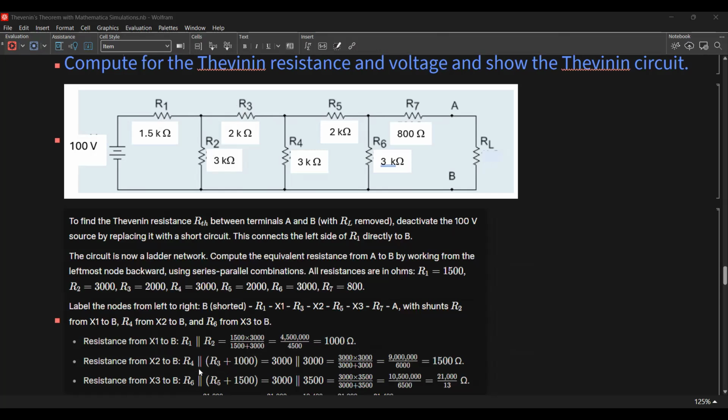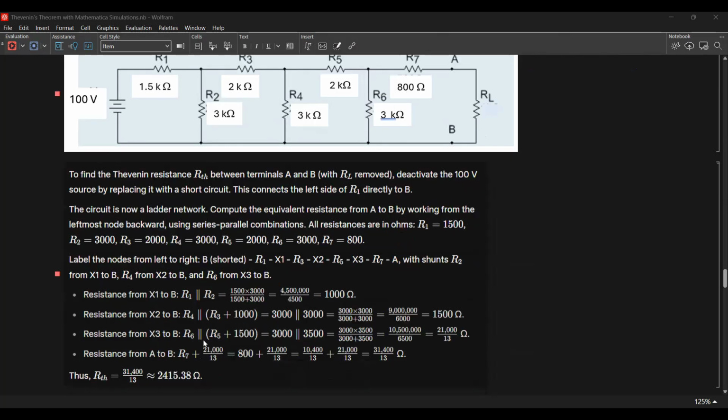So this R4 is parallel to R3 plus 1000 here. So the equivalent resistance here is 1500 ohms. Then we have the R5. R5 is parallel to 1500.